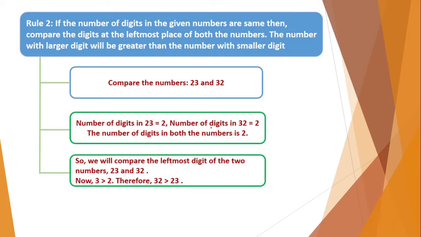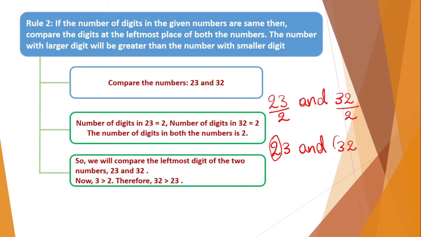So as I told, 23 and 32, if we compare these two numbers, they are saying that first we should check the digits. So you all know, right? The digits are equal. And if the digits are equal, we should check the leftmost digit. So the leftmost digit of 23 is 2 and the leftmost digit of 32 is 3.